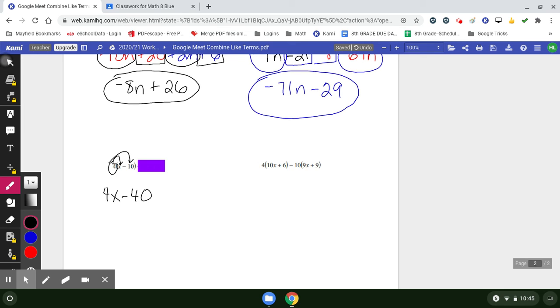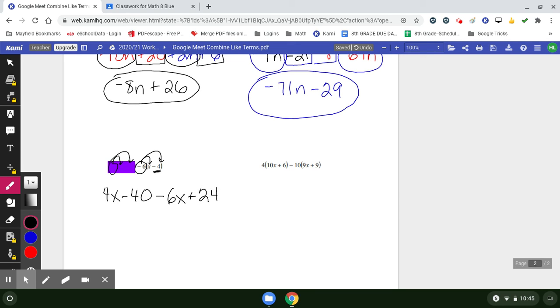Okay. Move my Post-it. Now I'm going to distribute out the -6. -6 times x, -6x. -6 times -4 is +24.